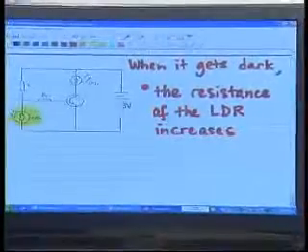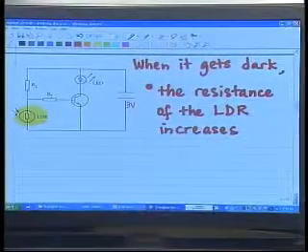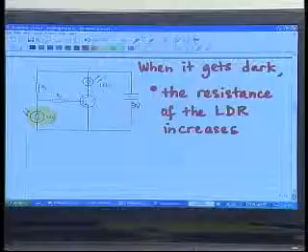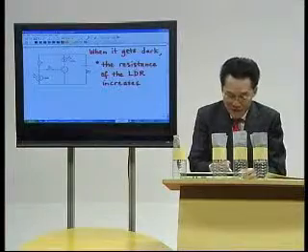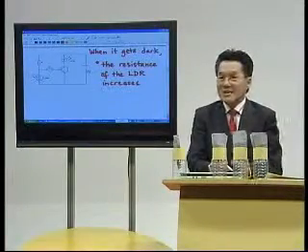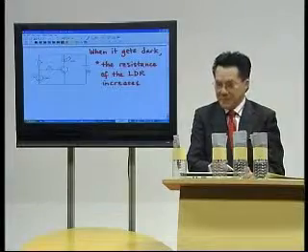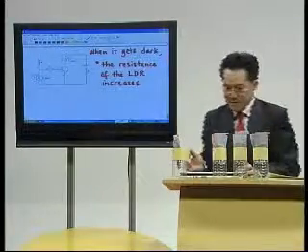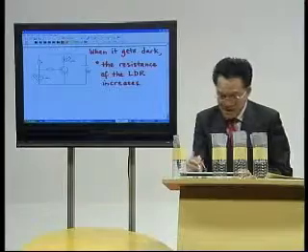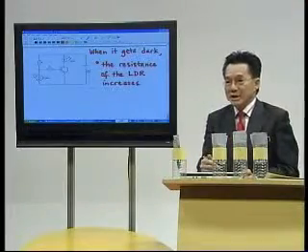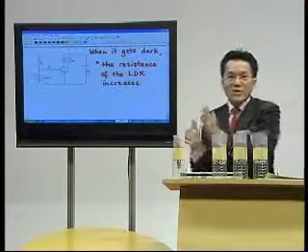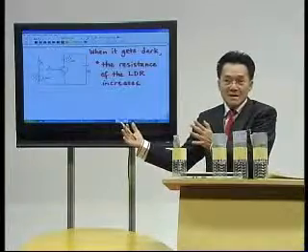Okay? So when the LDR has a small resistance in the bright, you will know that the potential difference across the LDR is small. So now it gets dark. The resistance of the LDR increases. So that's the first point. And now we get back to what we have been talking in the past 8 minutes.